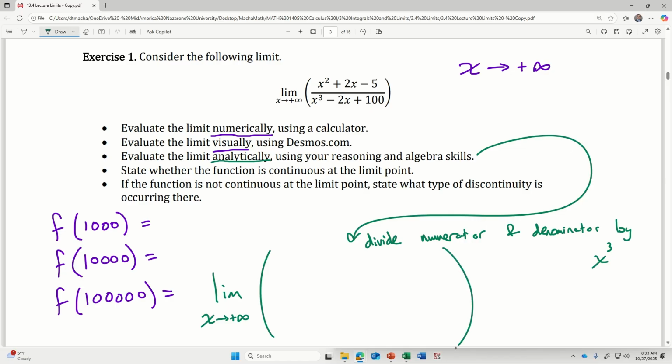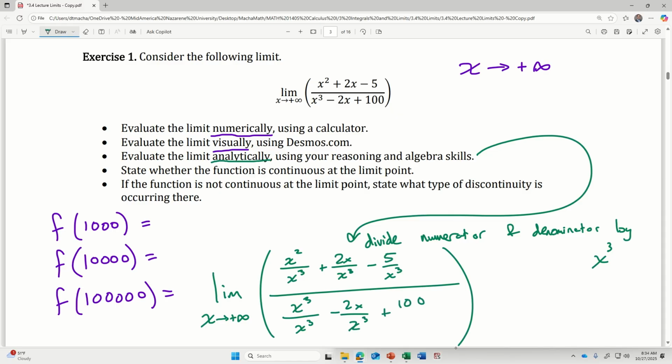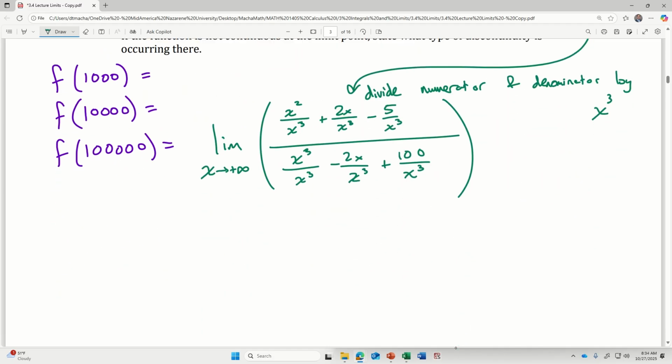So in the numerator, I'll have x squared divided by x cubed plus 2x over x cubed minus 5 over x cubed. In the denominator, I've got x cubed over x cubed minus 2x over x cubed plus 100 over x cubed.